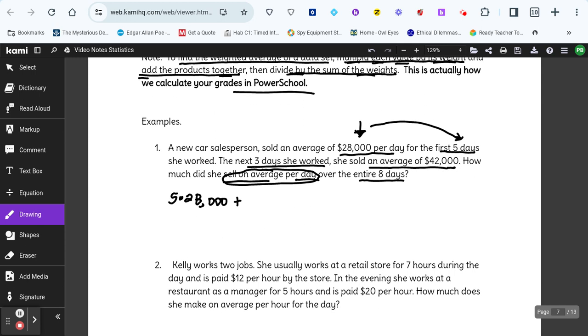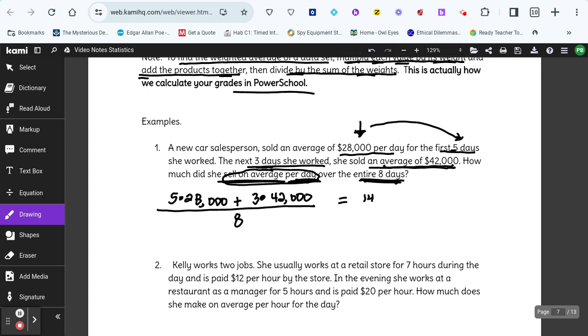This woman made $28,000 per day for 5 days, plus she made 42,000 3 days in a row. So that's 42,000 that happened 3 times. And what I want to do is divide by 5 days plus 3 days, which is 8 days, so I'm going to figure out her average sales per day. Let's take 28,000 multiplied by 5.